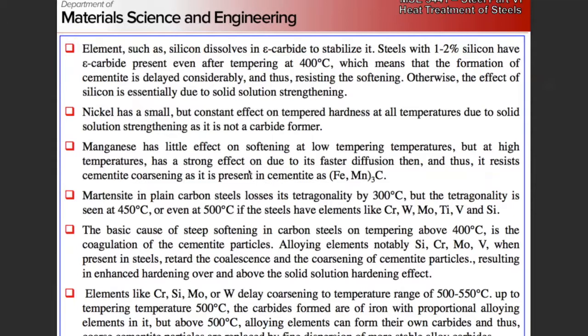And manganese, it is slower than iron. Let me think about this. Manganese is going to... It's much slower than tungsten, vanadium, and to grow the cementite.